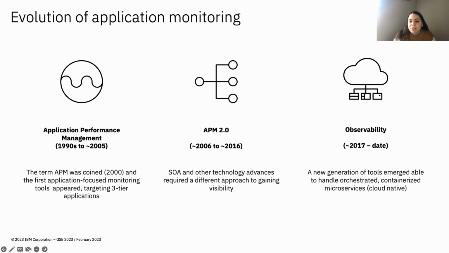Everyone did all the work in-house, it was on-prem, and they were able to monitor these systems all together. So it was pretty easy to keep all that together and understand everything just because it was in those on-prem situations. And then SOA and other technology advanced, so we started to gain visibility into how they could be connected outside of that on-prem model.